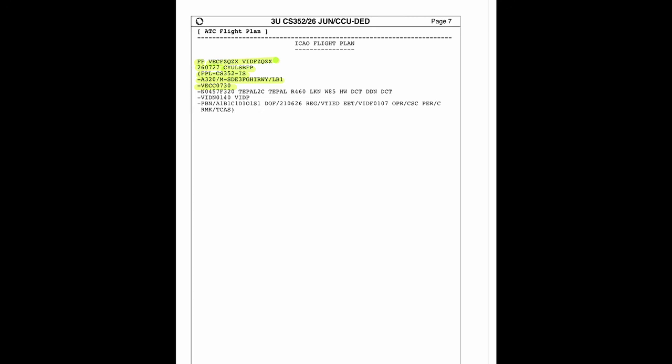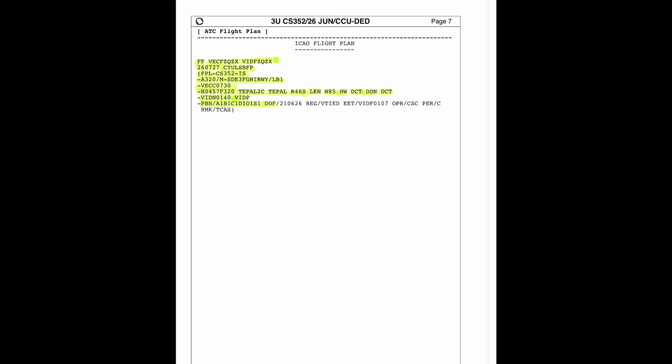N0457 is actually the initial cruising speed, and we will be cruising up to flight level 320 via Tepal to Charlie, and then Tepal 460 Lucknow Whiskey 85 Hotel Whiskey DCT, descent, Dehradun descent, and they will be landing at VIDN at 0140. Okay, and VIDP is the alternate, and this is all the equipment list.